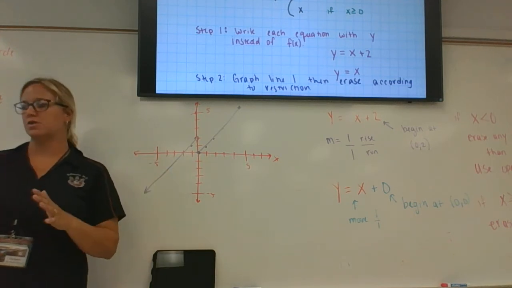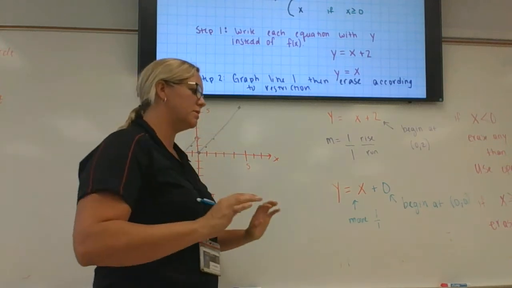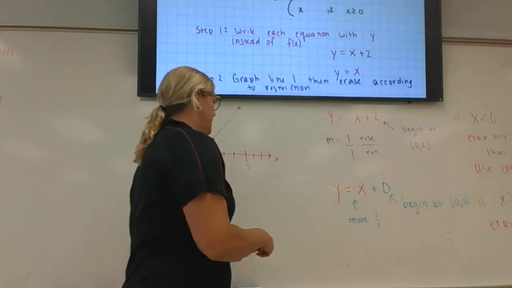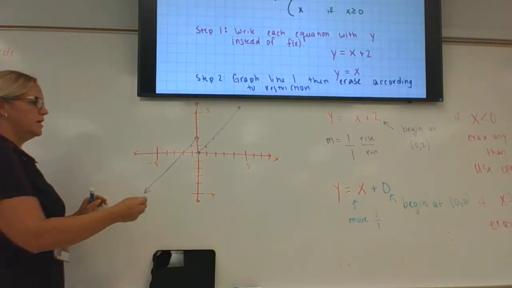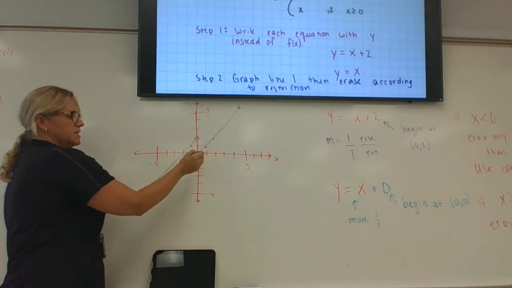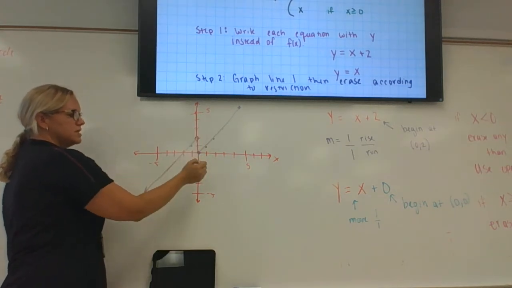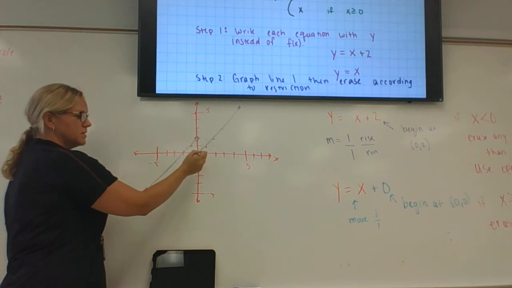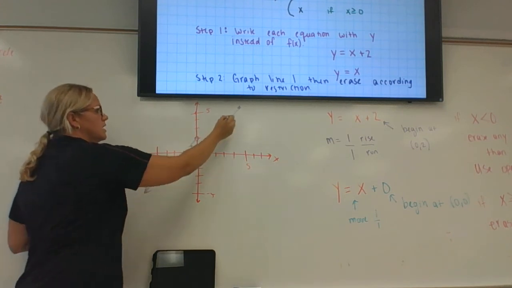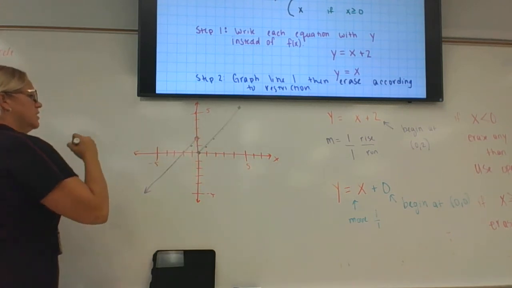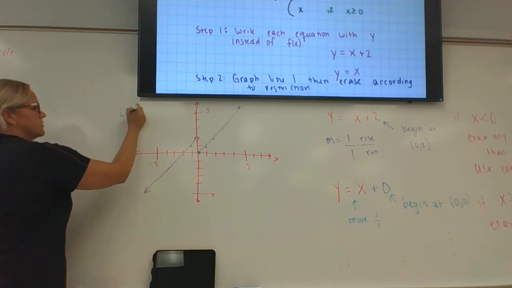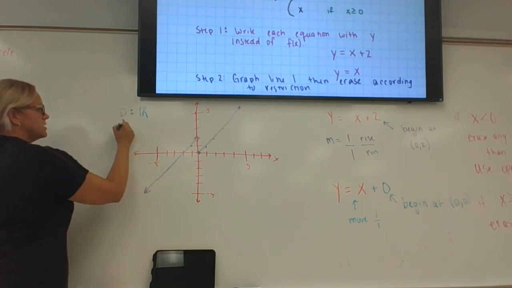Every piecewise function could have a different domain and range, so you can't just memorize that fact. This one goes left forever. It comes in here. It's filled in, and in one of the 2 places or 3 places, the dot has to be closed for it to be all real numbers. And then it goes on forever. So the domain and range for this one is all real numbers. But each one's going to have kind of a unique look.